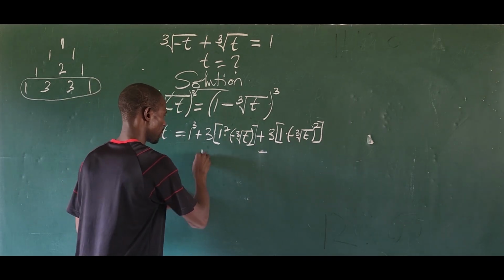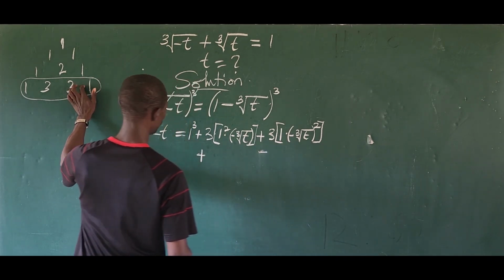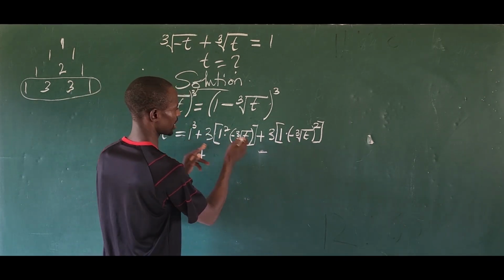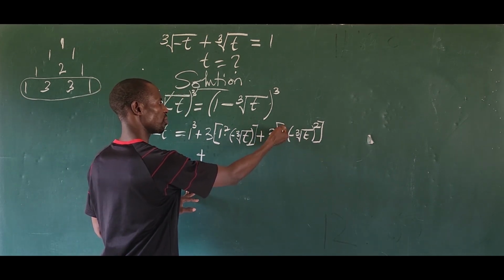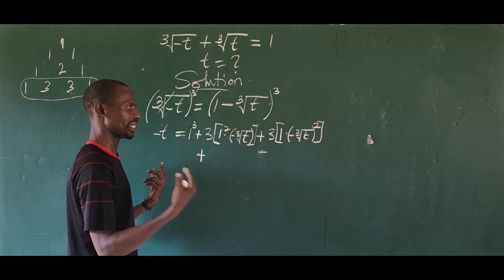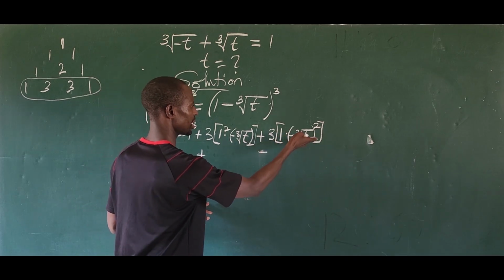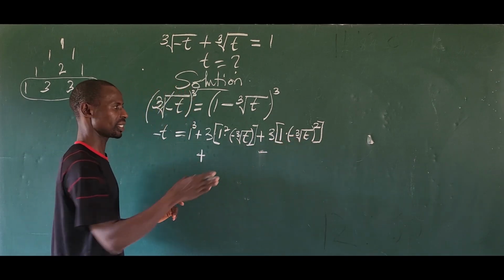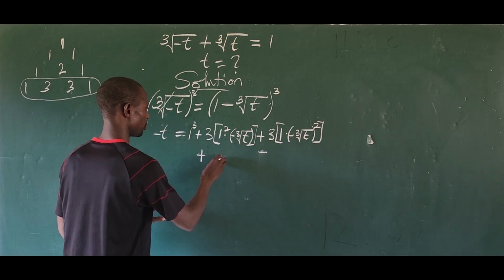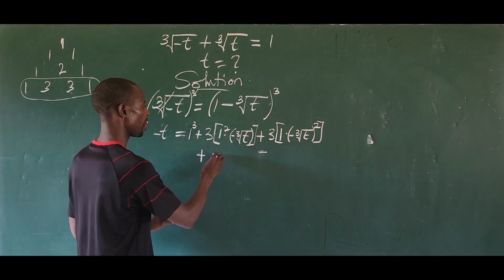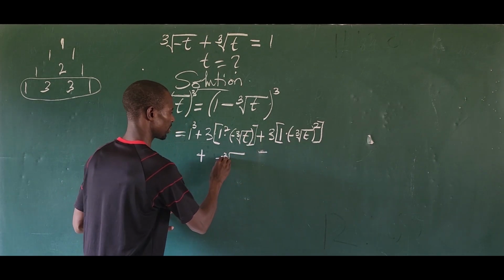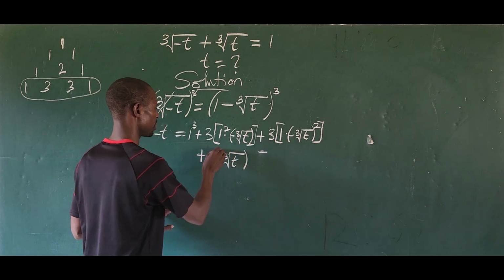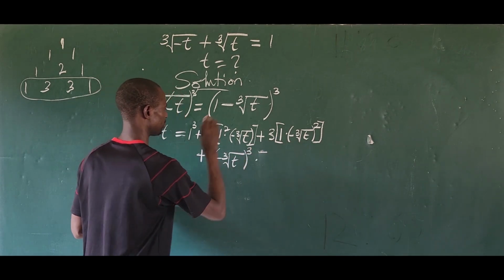Then plus the third one, which is, first, second, third, fourth term, 1 will be raised to power 0, which is going to give us 1, and it will leave the system. Meanwhile, this term will now increase in power to 3. And so we will have a coefficient of 1. So this is going to give us minus the cube root of t all raised to the power of 3.